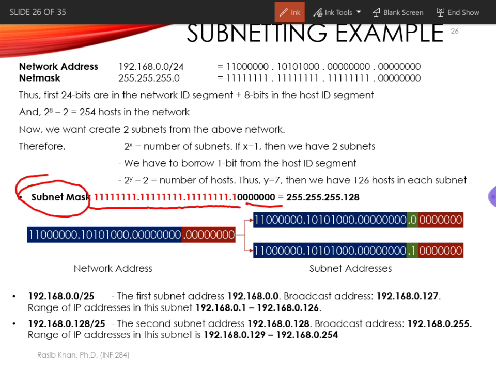Given that this is a subnet, we now have a mask for this subnet, and this translates to 255.255.255.128. And this applies to both of these subnets.